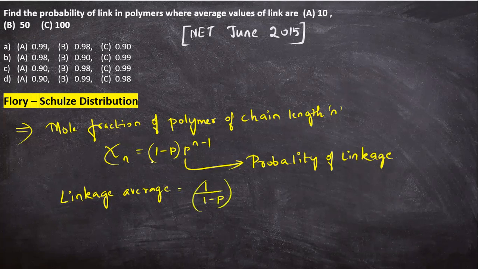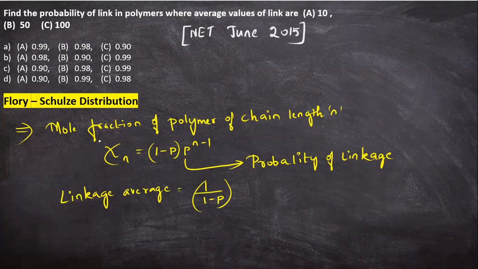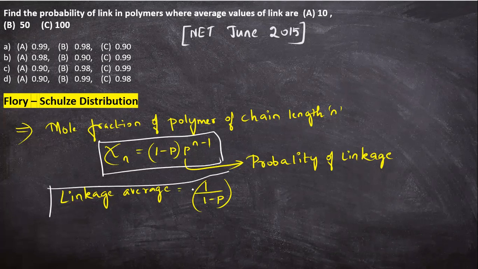So you need to remember these two formulas: the mole fraction of a polymer having chain length n, and the link average. Here x is the mole fraction, n is the chain length, and p is the probability of linkage. Noted?